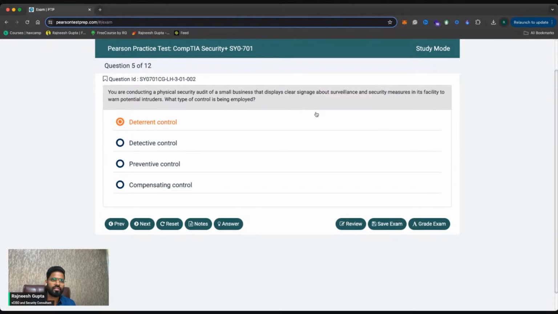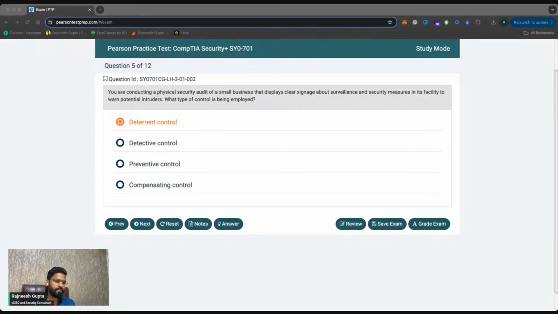You cannot ensure that something will not get into it, right? Preventive is something like stoppage, stopping someone from getting into it. Deterrent control is majorly focused on discouraging or reducing the likelihood of any possible attack.